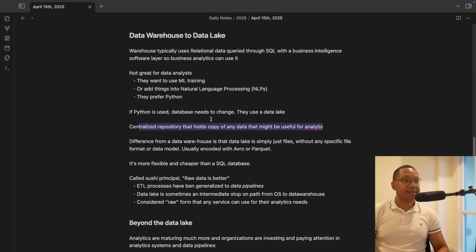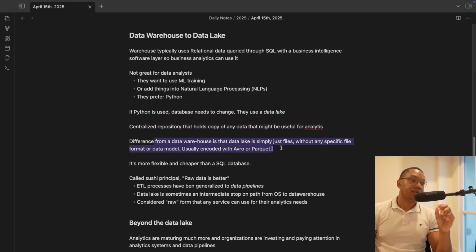A data lake is the idea that you have a central repository for any copies of the data, and when people need the data, you just send it out to them. So you keep the raw copies and send them out without any actual data model, or you just give them the file directly and they can run their own Python scripts, queries, whatever.